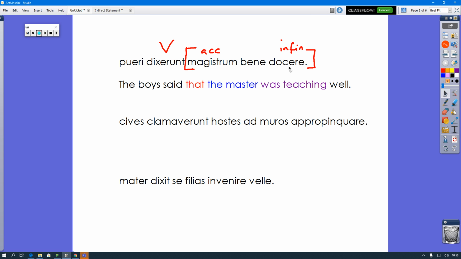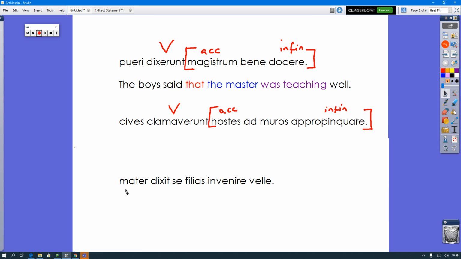Let's look at the second sentence. I have a speaking word, in this case shouted, so I can put my bracket immediately after the speaking word all the way to the infinitive. Then I have accusative plus infinitive. Let's follow the rules again. The citizens shouted. First of all, I'm going to put in that.